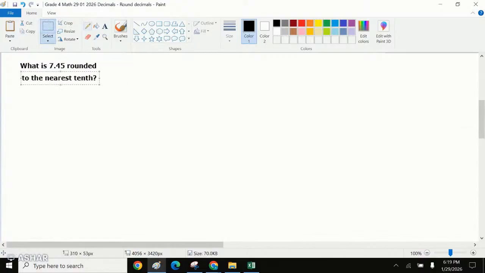Okay. This is our question number 8, and it says, what is 7.45, to which position? Nearest 10th. This is our 10th position, right?